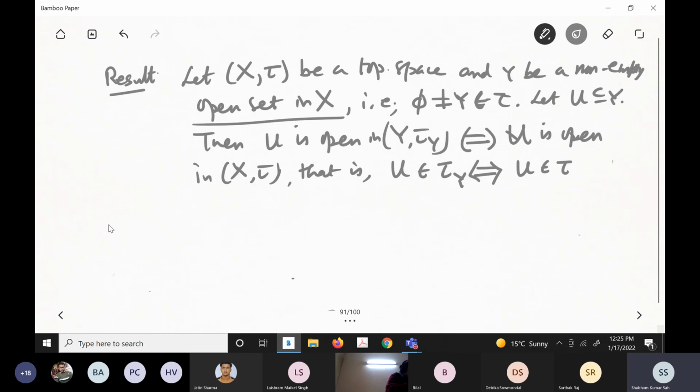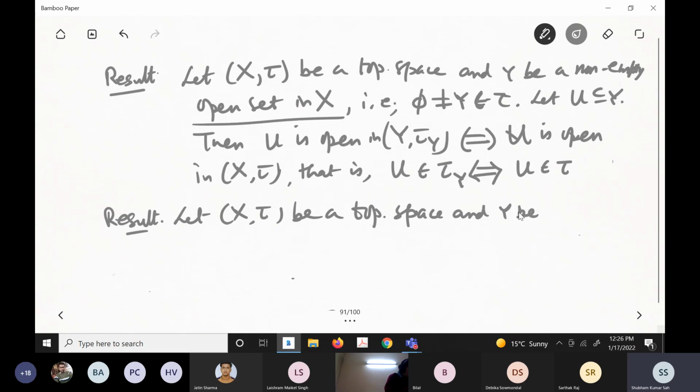Similarly, you can write: let (X, tau) be a topological space and Y be a non-empty closed set in (X, tau). That is, X minus Y belongs to tau.